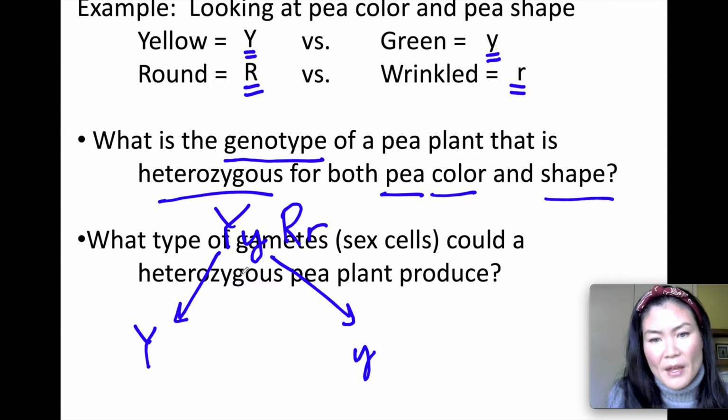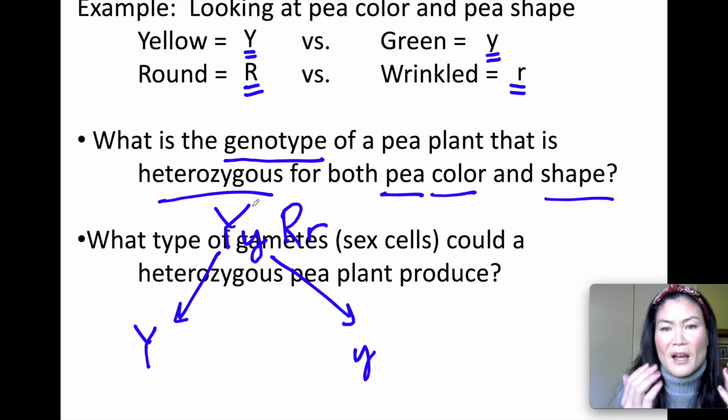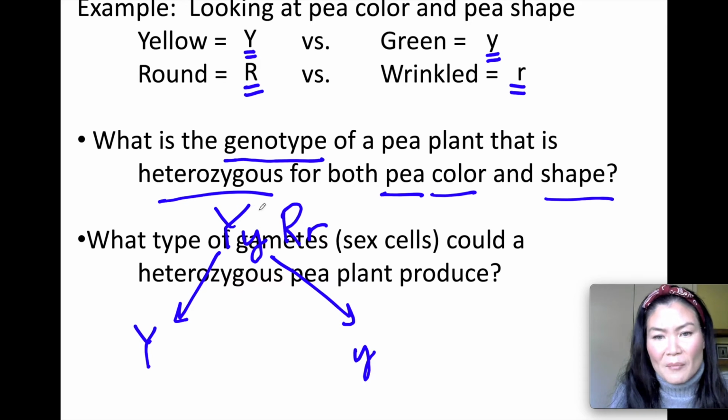And then by the law of independent assortment, the way they line up at the metaphase plate, you're going to get big Y and big R coming together, or big Y and little r, little y and big R, or little y and little r. So there are 4 different possibilities.